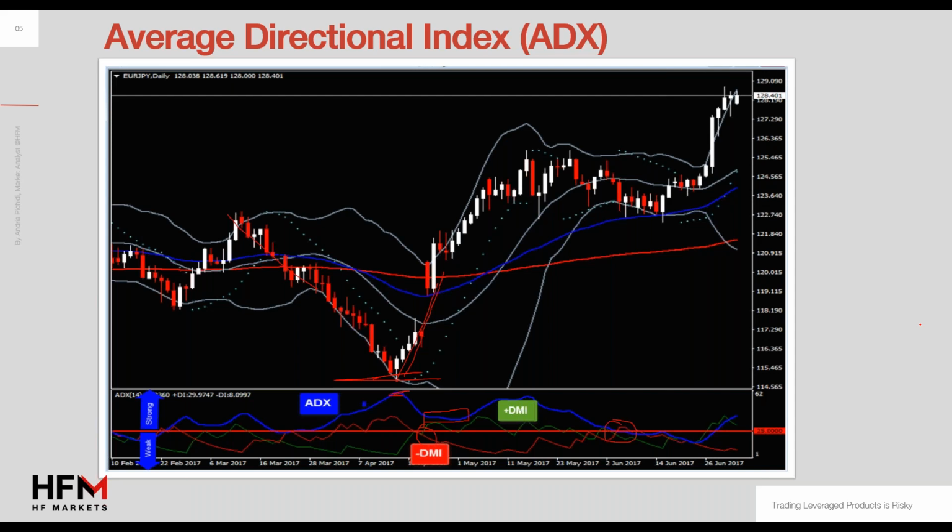It just means you need to keep yourself alert, because if it turns below 25, it might be a good time to exit your existing trade. Or if you have other indicators in combination with ADX, make sure whether they are also signaling signs of a reversal or pullback and so on.